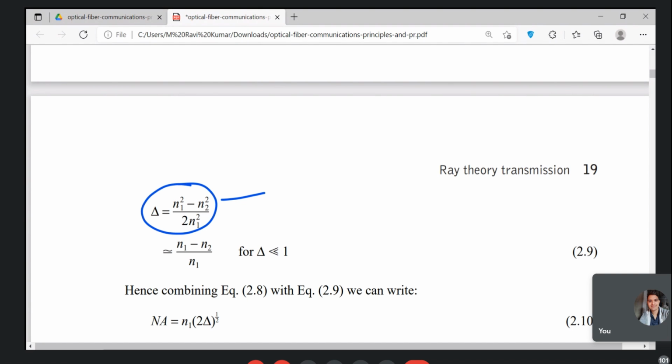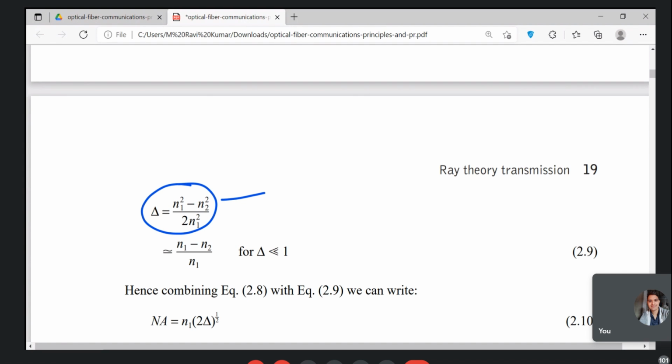So when we have n1 minus n2 and n1 plus n2, n1 plus n2 can be approximated as twice n1.